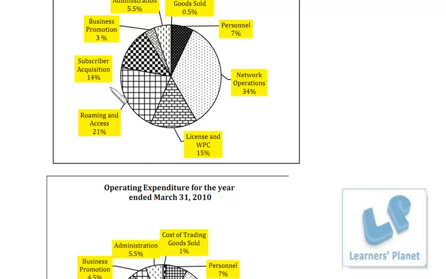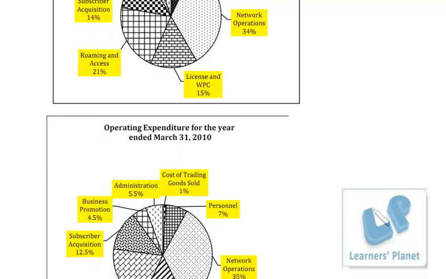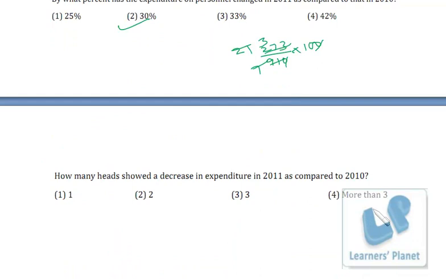That means one-third is the expenditure loss. And the other is from 1% to 0.5%, so there is a 50% difference. If the difference is more than 30%, then only we have to consider it. So business promotion and cost of trading goods sold, two heads, are showing a decrease in expenditure.